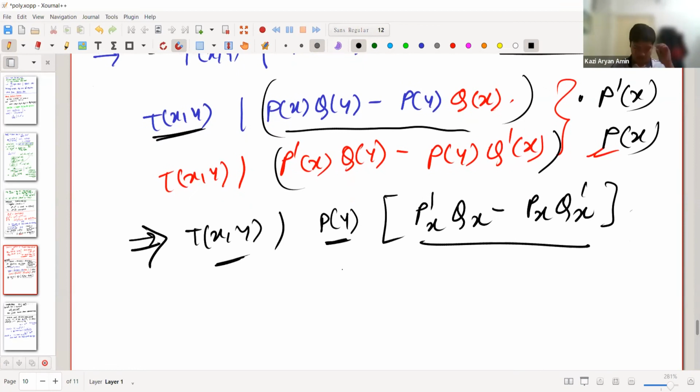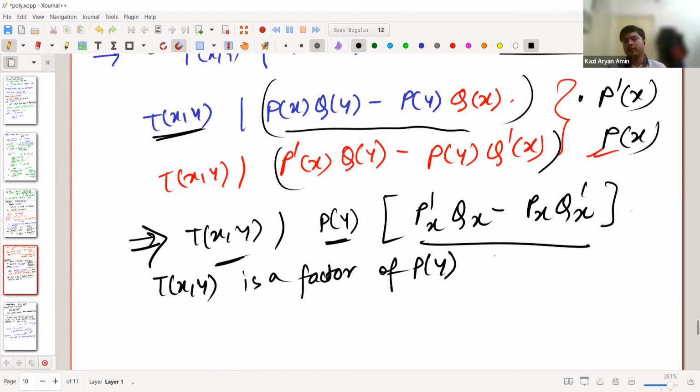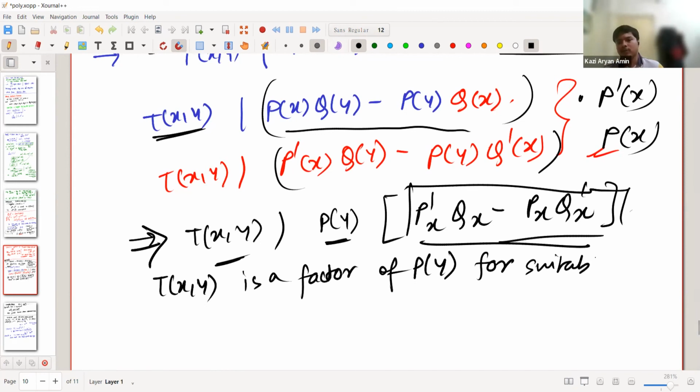So now one thing we understand is that p of x comma y is a factor of p of y, for a suitable choice of x, viewing x as a constant.